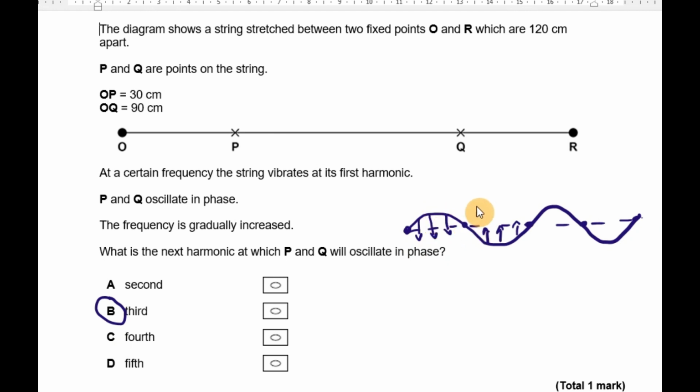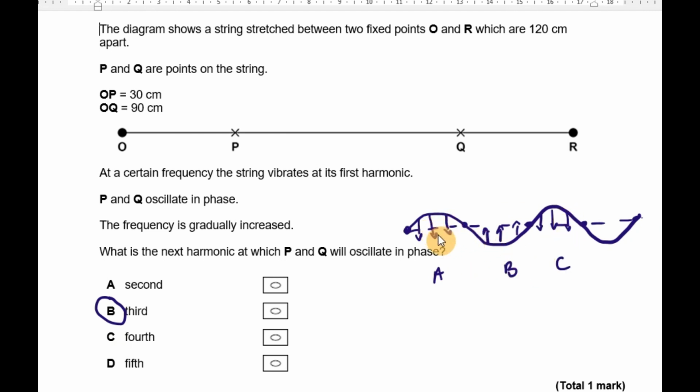If we go two nodes away from this first section, let's call that first section A, second section B, and the third section C. So if we go to C, which is the third half wavelength, then all the points in section C are again in phase with section A. So on a standing wave, a nice simple rule is, if areas on the wave are separated by an even number of nodes, in this case two nodes, they will oscillate in phase with each other.